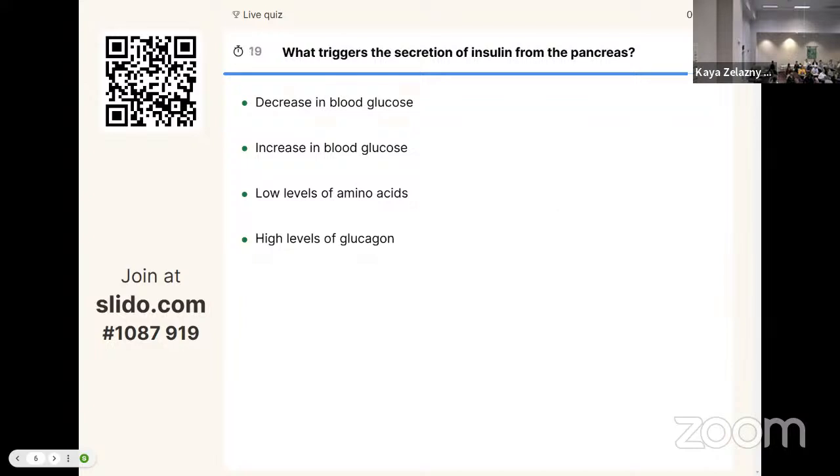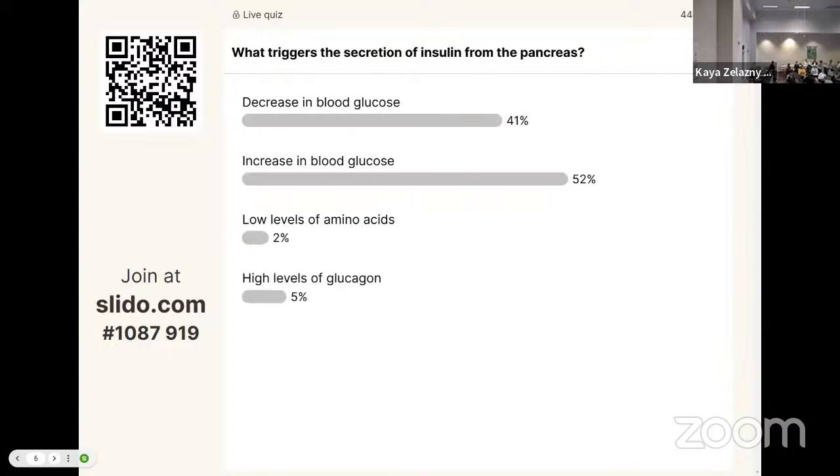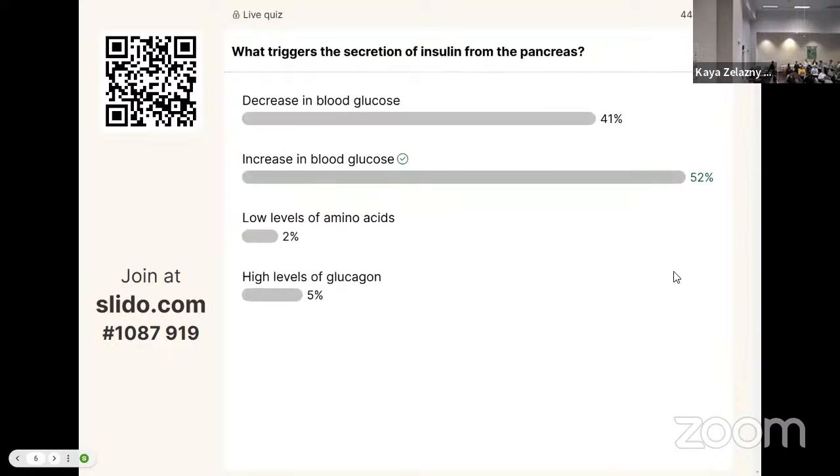Finally, when are we going to be releasing this insulin? So we got almost an even split.